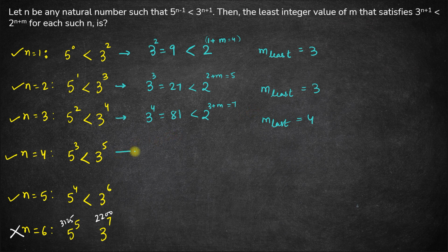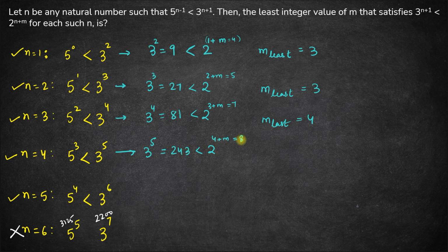In the next case, we have 3 to the power 5, since n is 4, so 4 plus 1 is 5. 3 to the power 5 is 243. This should be less than 2 to the power 4 plus m. Now what is the least power of 2 which is greater than 243? 2 power 7 is 128, which is less than 243, so that would not work.